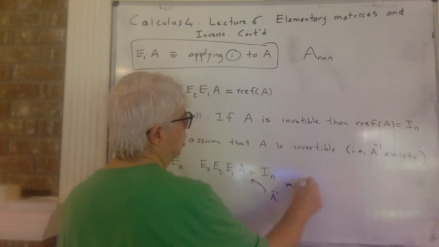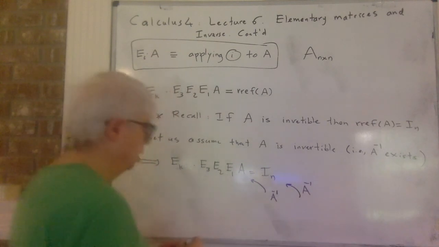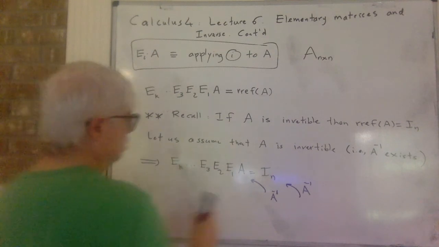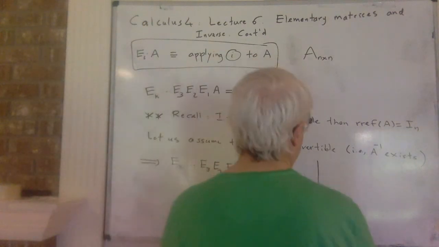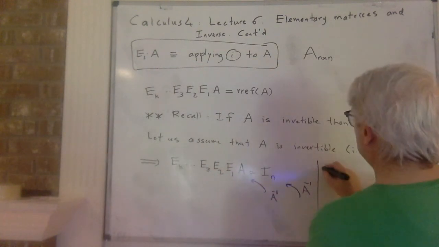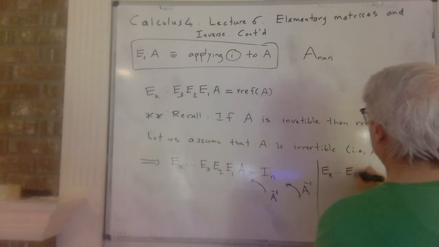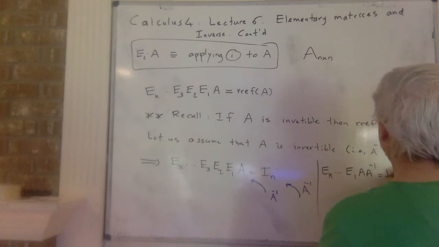This is crucial here. If you understand this, you will understand the whole thing. So if I do this, this happens. Let me write it here in front. So I have EK, E1, A inverse, IN, A inverse. Okay?